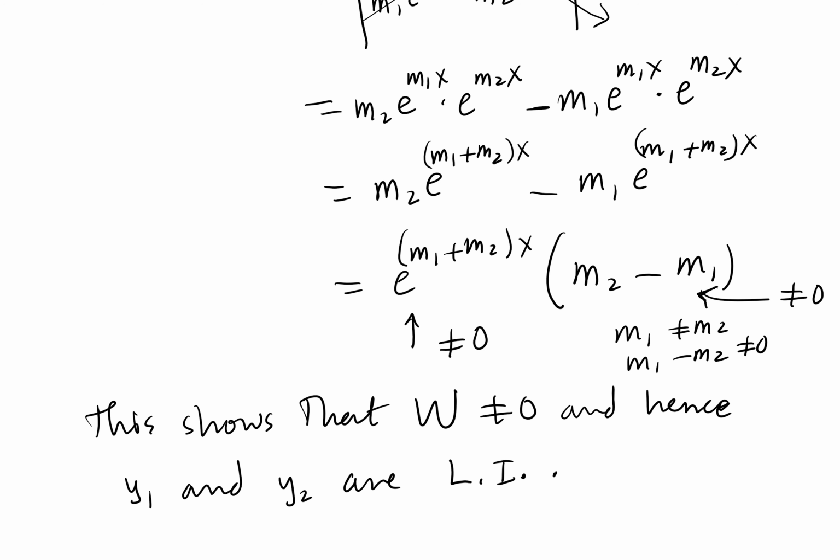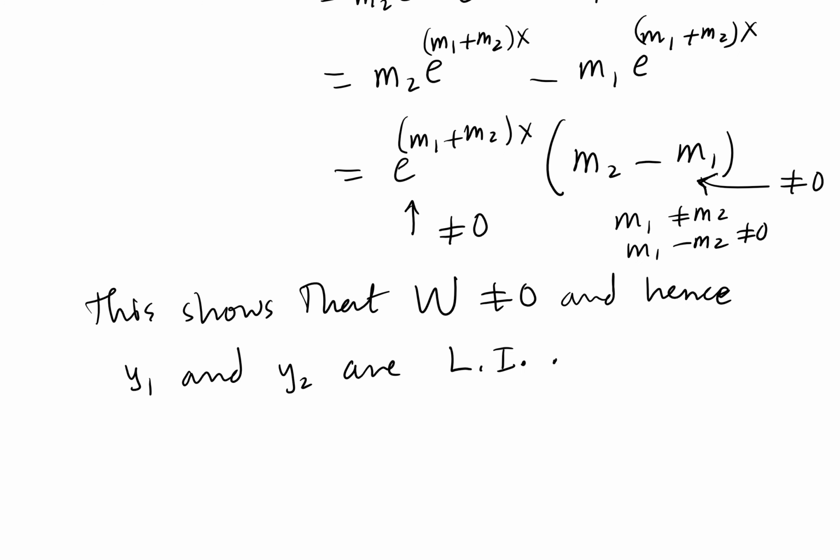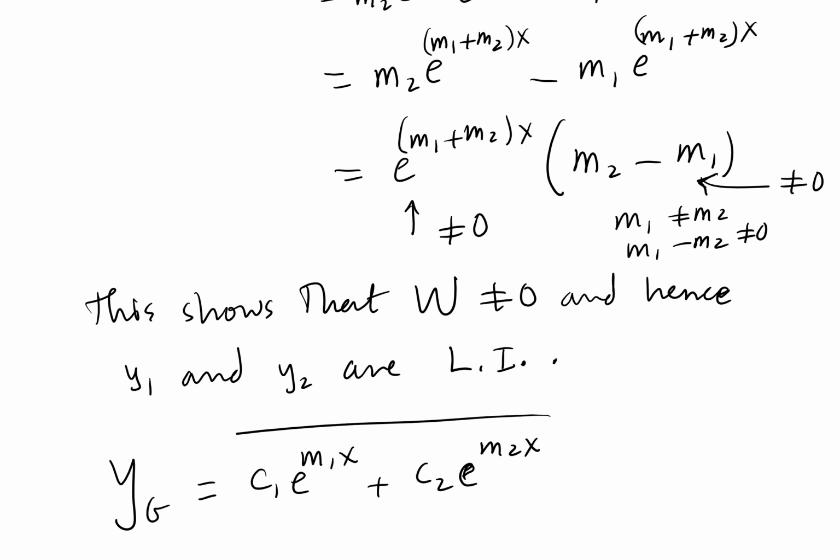Well, by doing so, this will allow me to write the general solution as c1 e to the m1x plus c2 e to the m2x. Where did that come from? It's a linear combination.